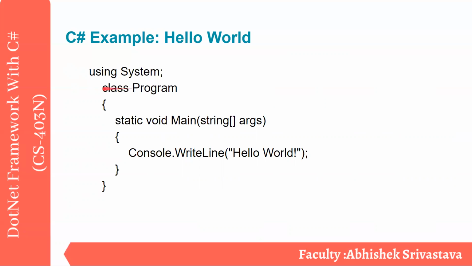Then we have the class keyword. Since it is object oriented programming, at least one class is mandatory. Then the class name, a valid identifier. Identifier means the names we give to your class, variables and methods. Then we start the curly braces. Then we come to static void main.